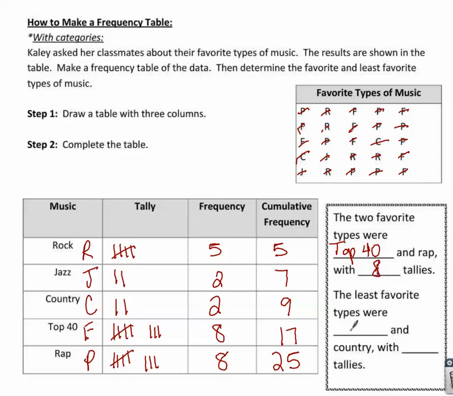And the least favorite was jazz and country with 2 tallies. So let's go to the next page and talk about frequency tables with scores or intervals.